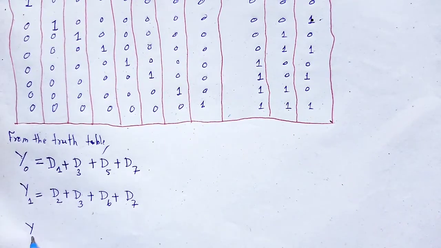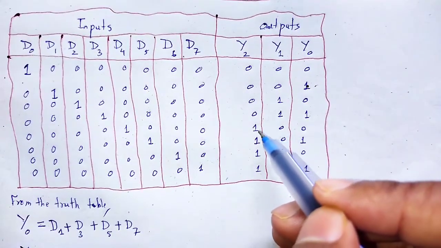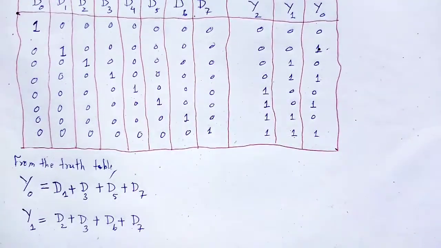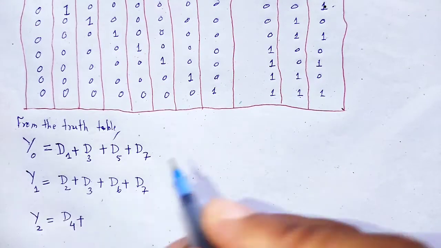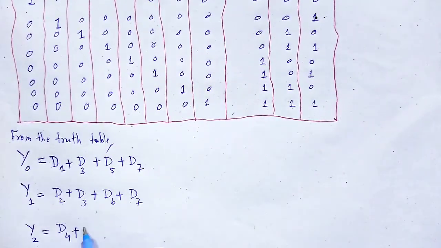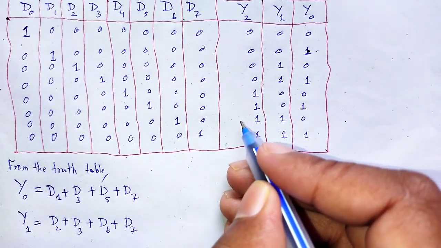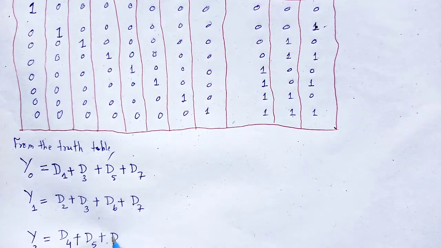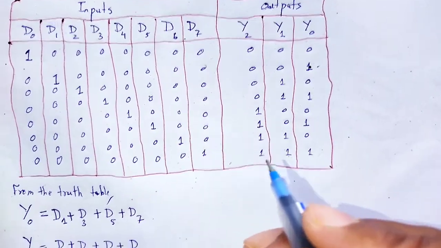Next output y2 is equal to D4 plus D5 plus D6 plus D7.